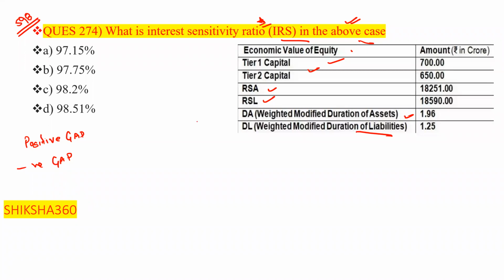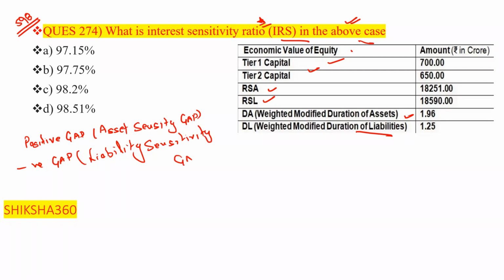Positive gap is known as asset sensitivity gap, and negative gap is known as liability sensitivity gap.